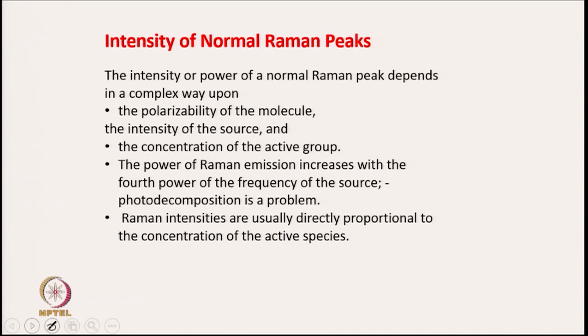The power of Raman emission increases with the fourth power of the frequency of the source, and Raman intensities are usually directly proportional to the concentration of the active species. So there are two other things which decide intensity: one is the power of the source and the second is the concentration of the active species.